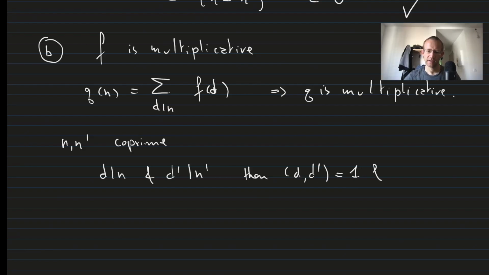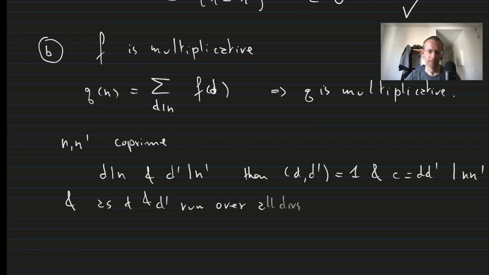And c, which is dd prime, will of course divide n times n prime. And moreover, as d and d prime run over all divisors of n and n prime, dd prime runs over all divisors of n times n prime.